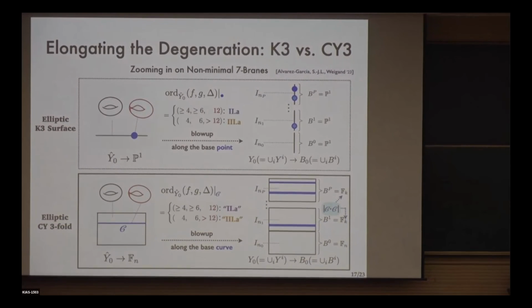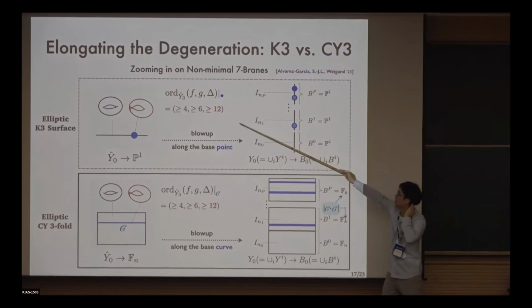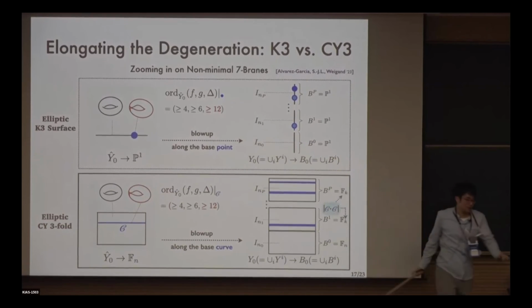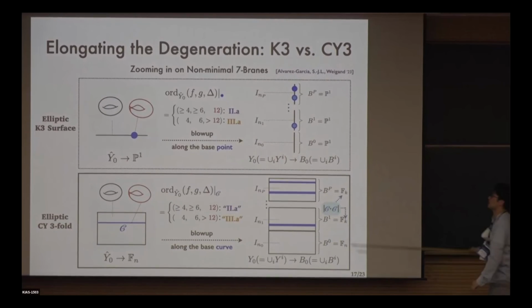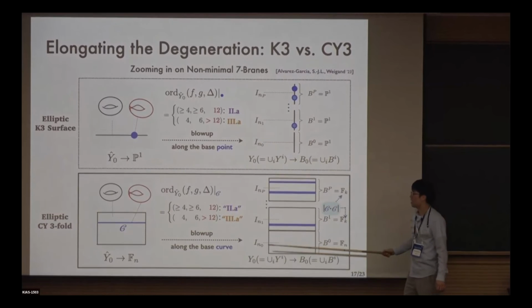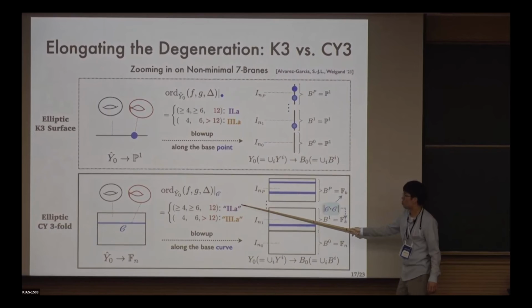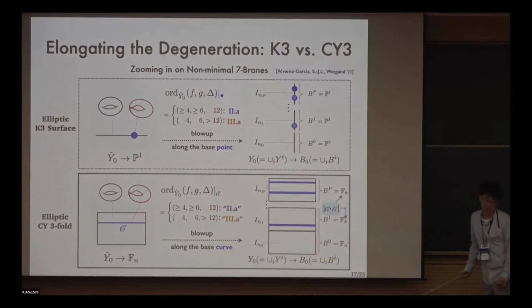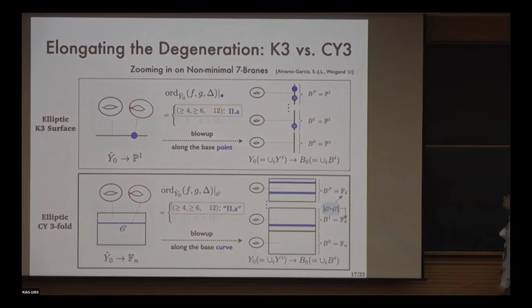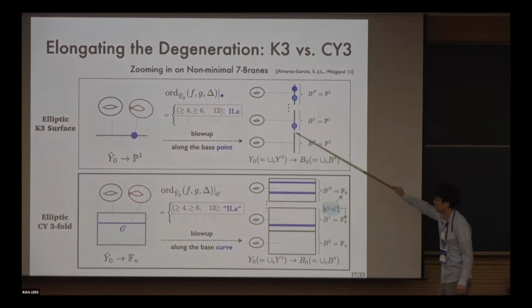But before saying that, let me also compare with the K3 situation. We say non-minimal here, but they can be divided, at least in the K3 case, into type 2 and type 3, and we classify it the same way for the Calabi-Yau threefold. In the former type we have generic I0 fibers everywhere, as in the K3 case.